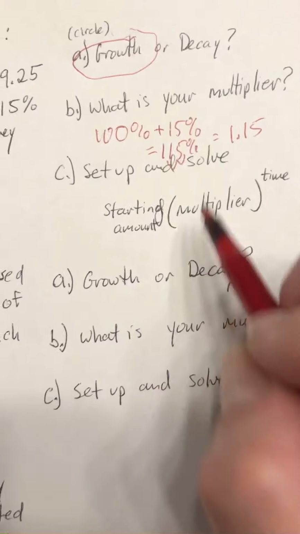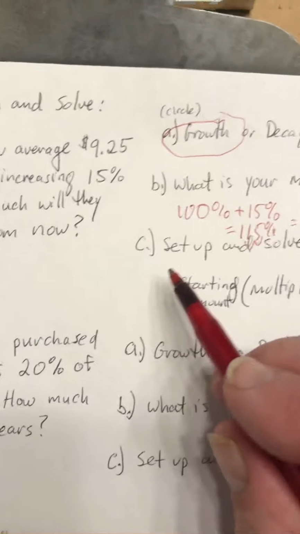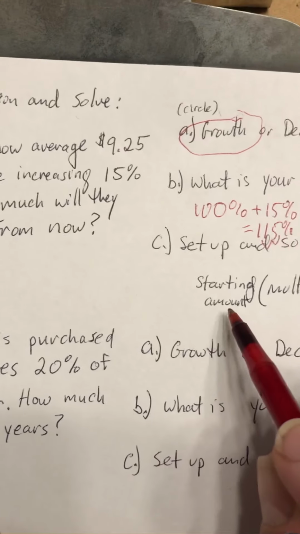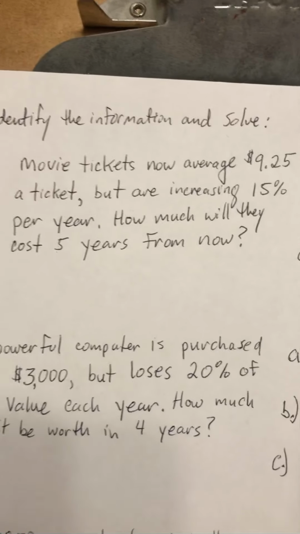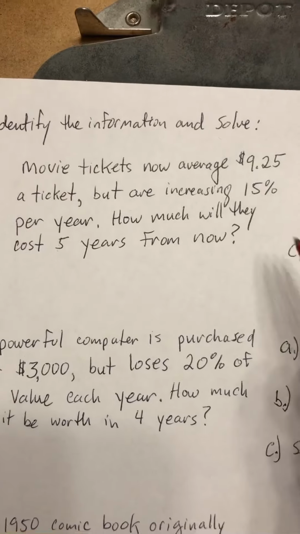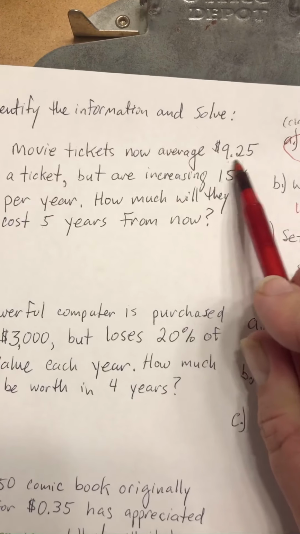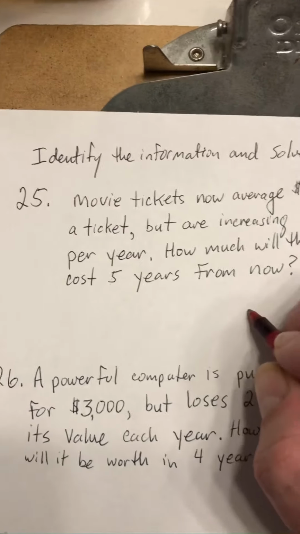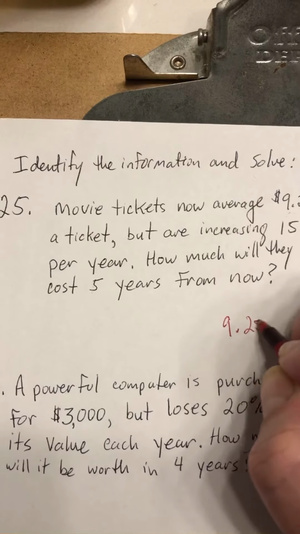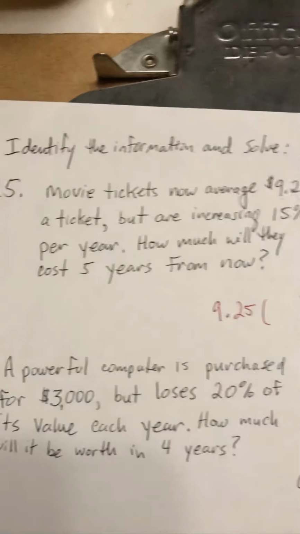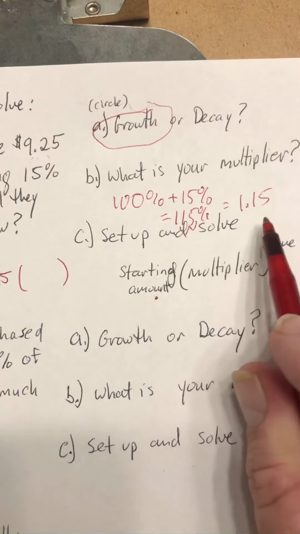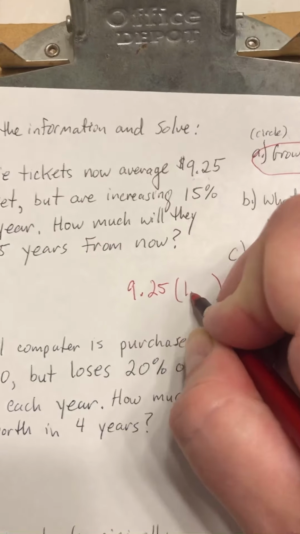And then we want to set up the equation and solve it. Okay, so to set it up, we simply say what our starting amount is. So in this one, we're talking about movie ticket prices. So it started off to be $9.25. So let's write that, $9.25. And then times, that's going to be our multiplier, which we got up here to be this number, 1.15.